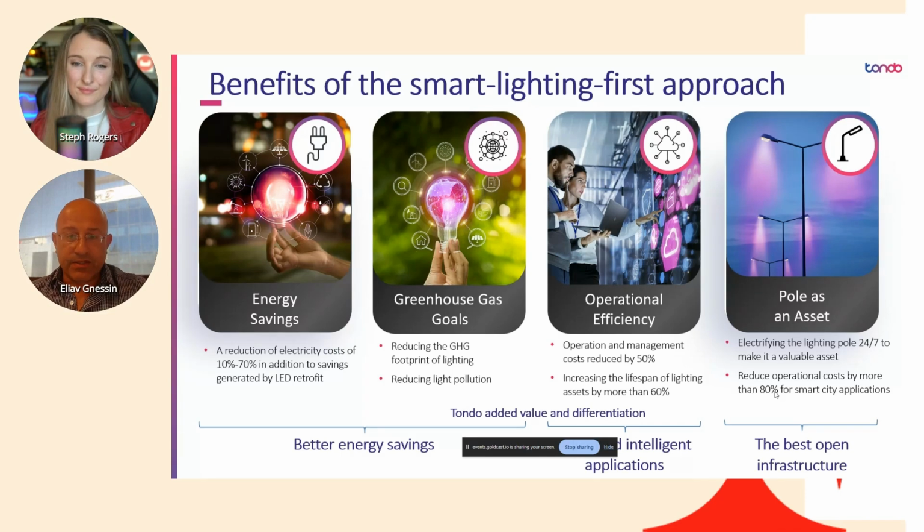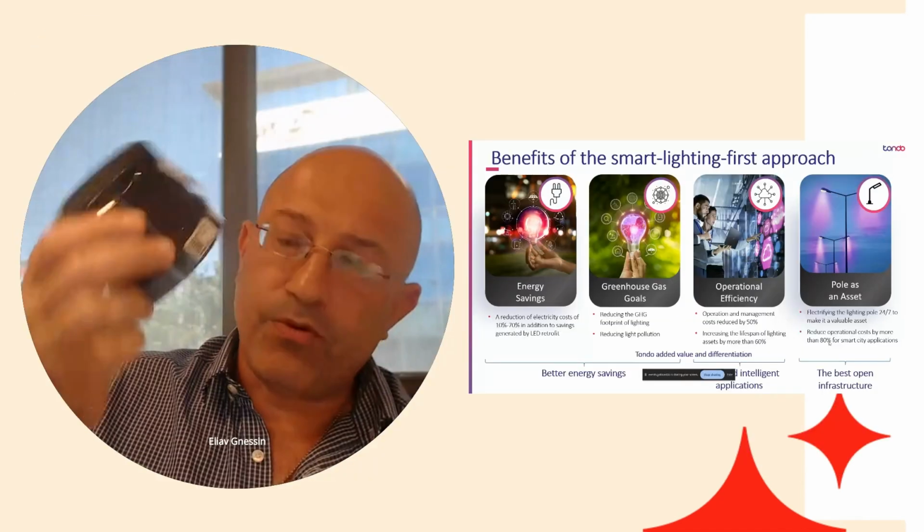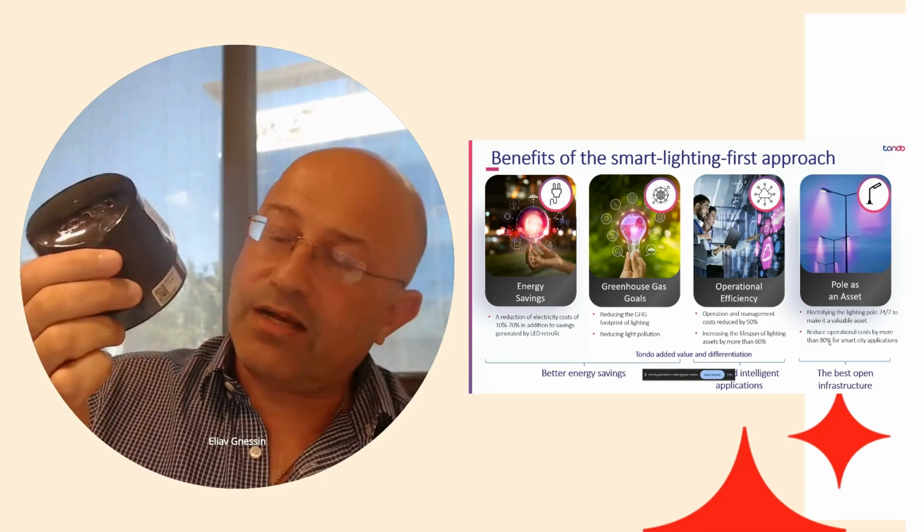And these LED lights need controls. They need a controller that would sit on top of the light bulb. I want to show you what such a controller looks like. So this is the Tondo controller that we're installing on lighting poles. This controller has a cellular modem.